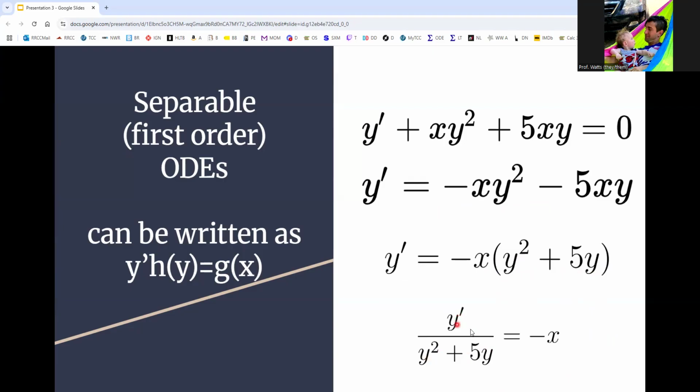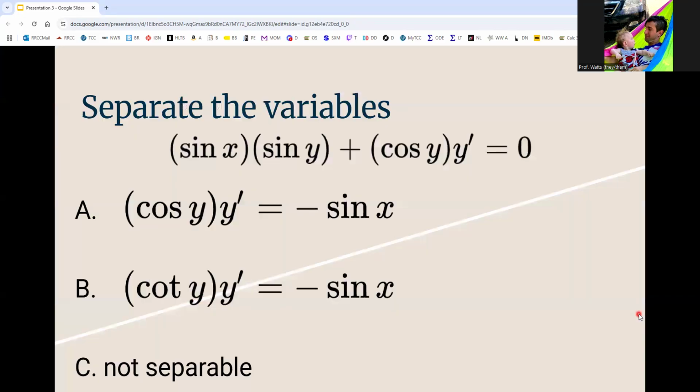So it can be y prime divided by a function of y, or multiplied because multiplication and division are related through that reciprocal relationship. It just can't be y prime plus a function of y or y prime minus a function of y. All right. So this is another example of a separable first order differential equation.